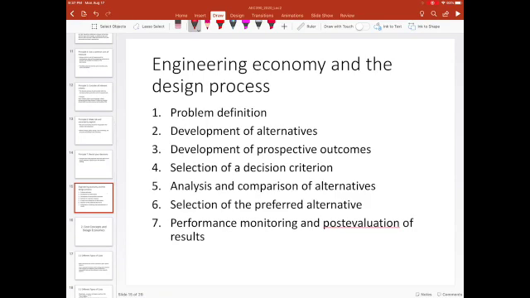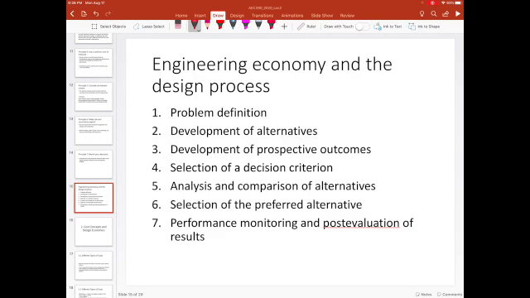And based on those principles, we have several steps to do the engineering economy analysis. Okay, so you can see that almost every step will resonate with the principles. First, you need to have your problem defined. Second, you want to develop alternatives. Third step, you want to develop prospective outcomes.